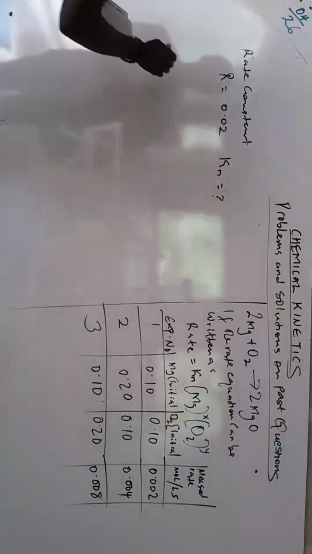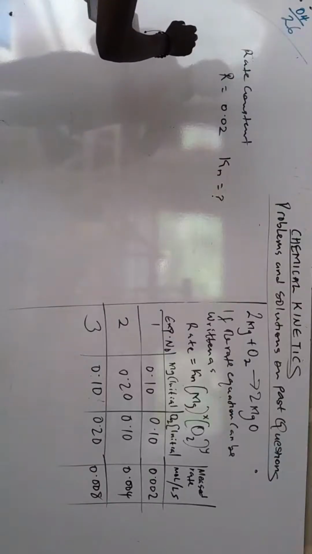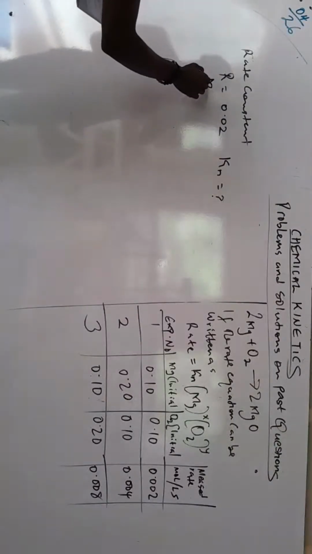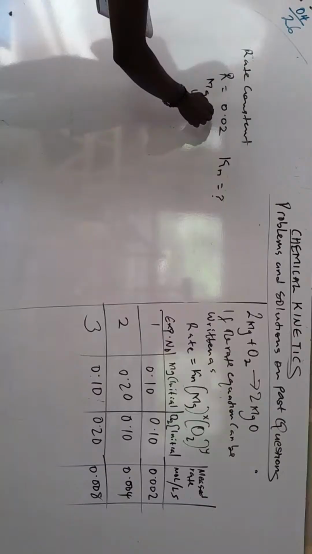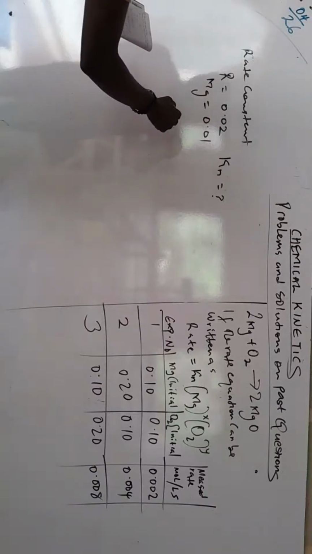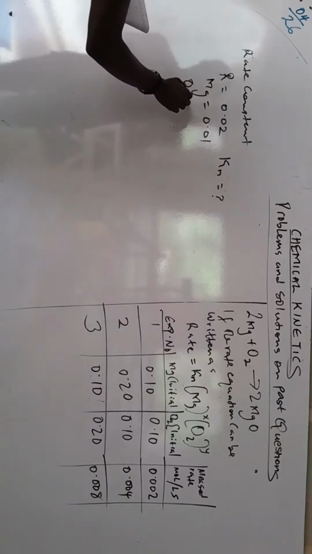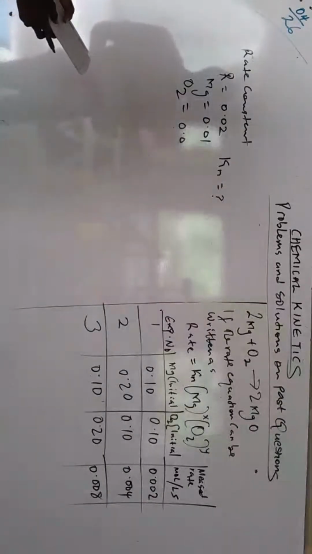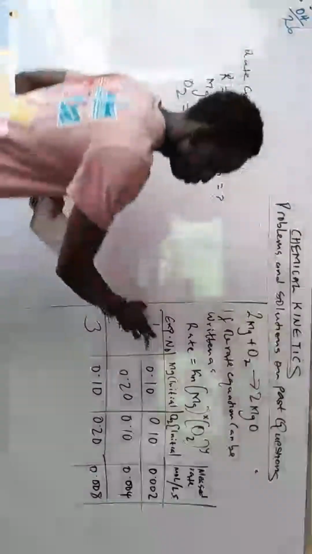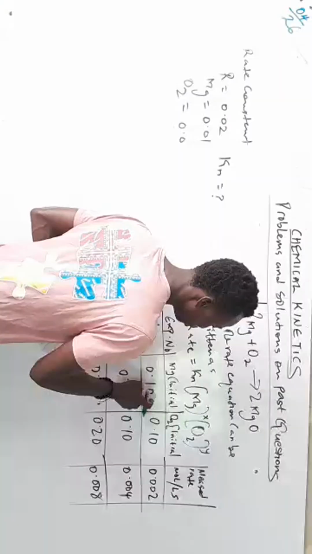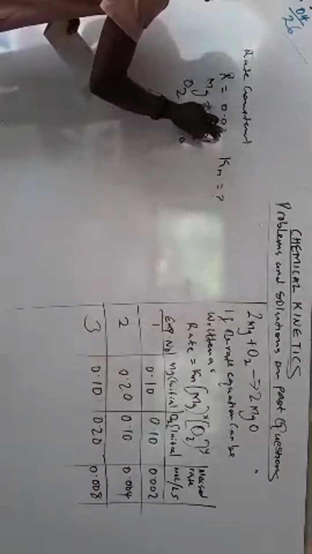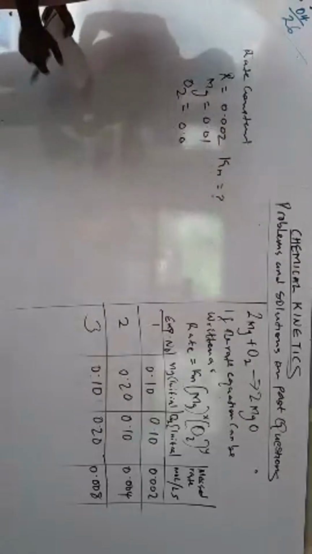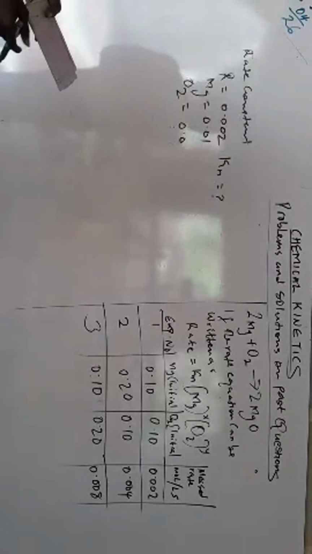Then we are going to have our Mg in that place to be 0.01. Then we are going to have our O2 to be 0.01. So where we have everything there constant, 0.10, 0.10, this one is 0.002. Yes, 0.002. That's what we're actually using there.